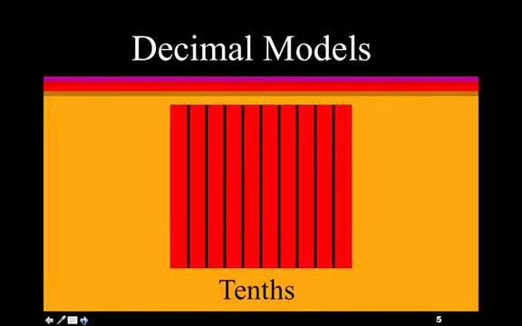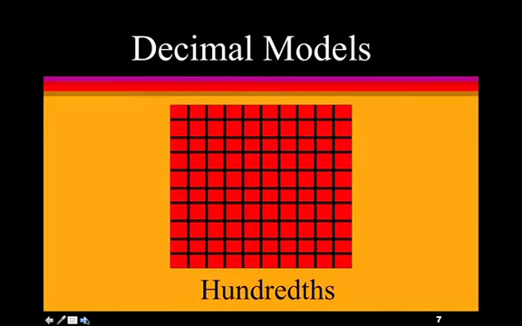If you divide this unit in 10 pieces, you will have tenths. If you take one of those, you will have 1/10. And as a decimal form, you can see it as 0.1. If you divide this unit in 100 pieces, then you get hundredths.